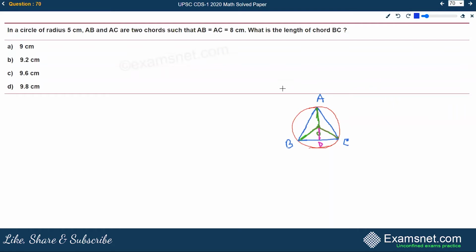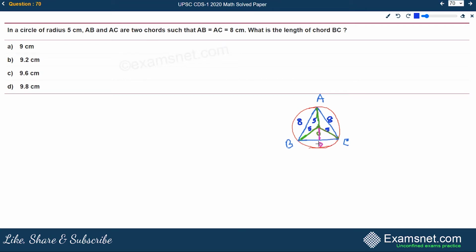In question number 70, we are given, in a circle of radius 5 centimeter, AB and AC are two chords such that AB equals AC equals 8 centimeter. I'm done with the diagram. So here AB and AC are two chords, both of 8 centimeter. Here O is the center, and OA, OB, OC, these all are 5 centimeter because these all are radii. Now we have drawn a perpendicular from the center on the chord BC.